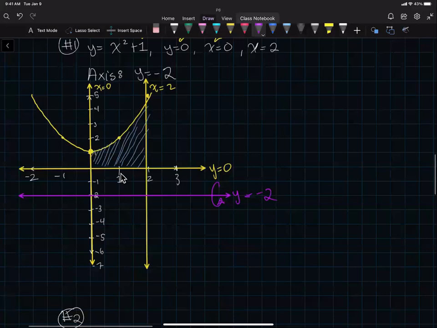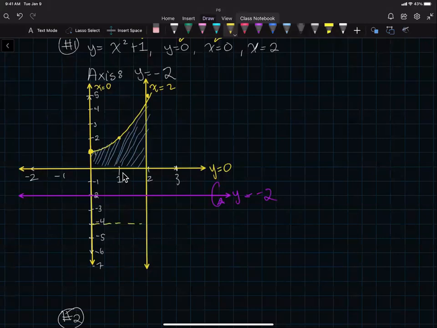So that means that the first thing I should do is reflect the thing that I'm rotating. So I'm going to actually erase this part since I don't need it, and I'll rotate this part. So first of all, I have this.